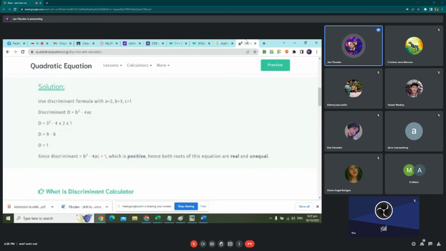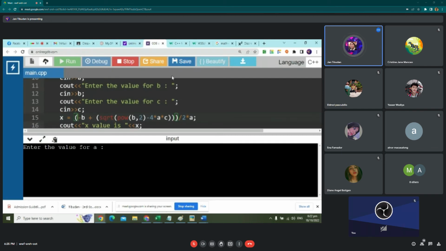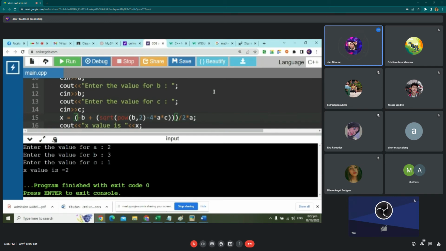So, here, ang atong gibalyo is 2, 3, and 1. Okay. So, mo take effect gyapon ang minus. Okay. So, muna inyo hang i-check upon, class.